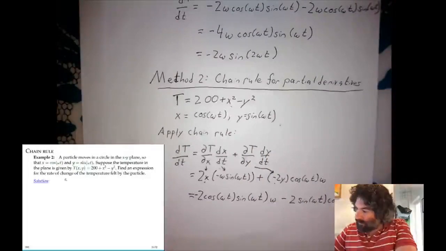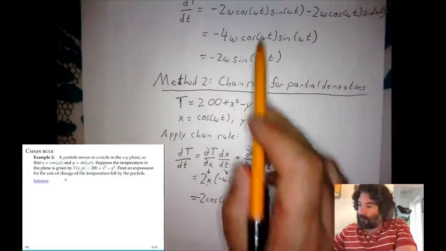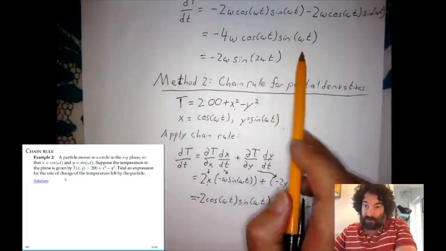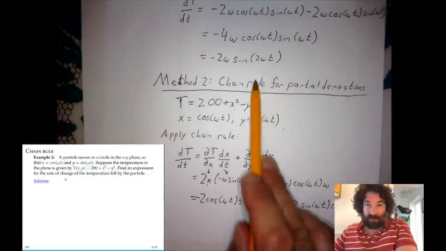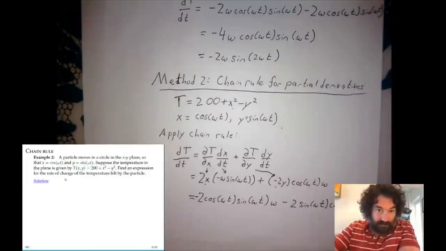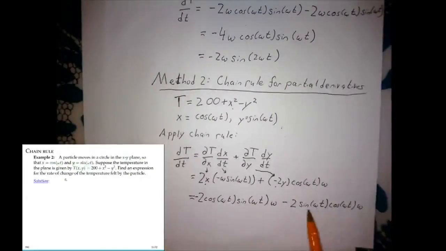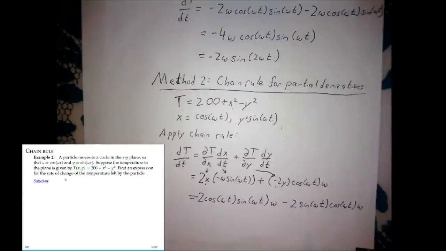Cosine of omega t times omega. And well, this was the same formula we had here, and then you simplify the same step, and these two terms are the same. Simplify again using the trigonometric identity as before. So this cosine of omega t times omega is the cosine of omega t times omega here.